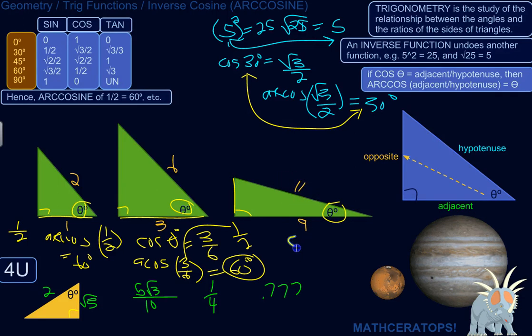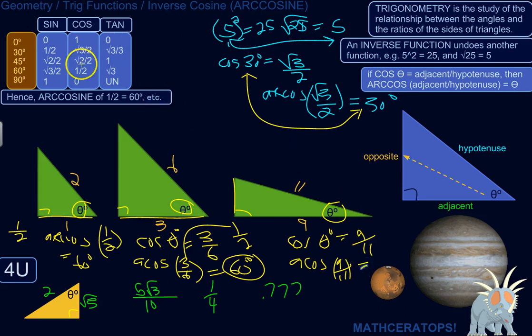The cosine of theta, in this case, is the ratio of the adjacent to the hypotenuse. So 9 to 11. So what's the arccosine of 9/11? What angle gives us a cosine of 9 elevenths?